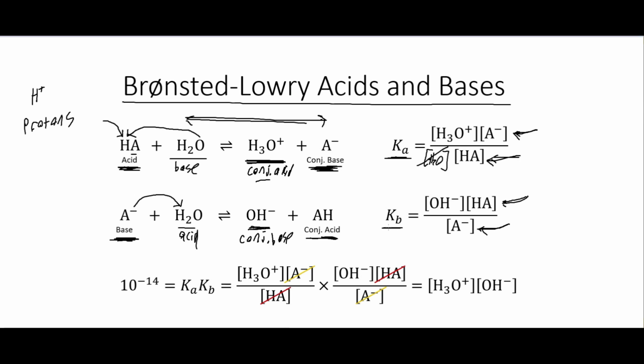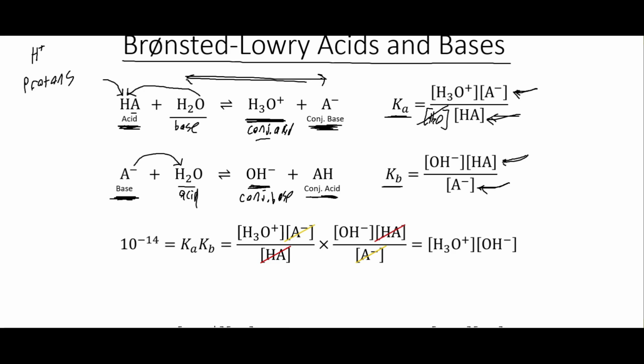And so Ka and Kb can be used as a measure for how strong an acid or a base is. Then, of course, if we multiply both of these together, because they are sort of inverses of each other, they will always come out equal to 10 to the negative 14, at least if we're talking about acids and bases in water.